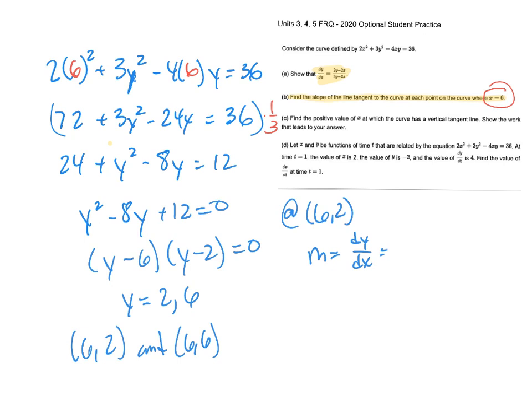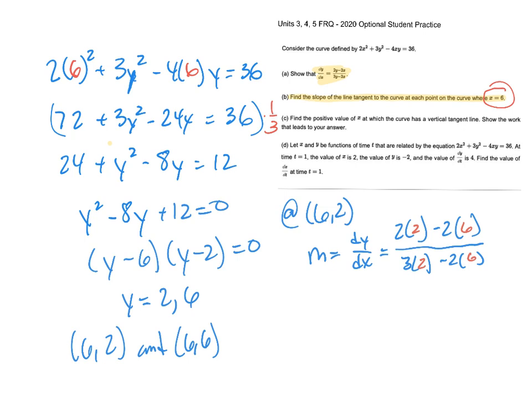So that's going to be 2y, which is 2 times 2, minus 2x, which is 2 times 6, over 3y, so that's 3 times 2, minus 2 times 6.